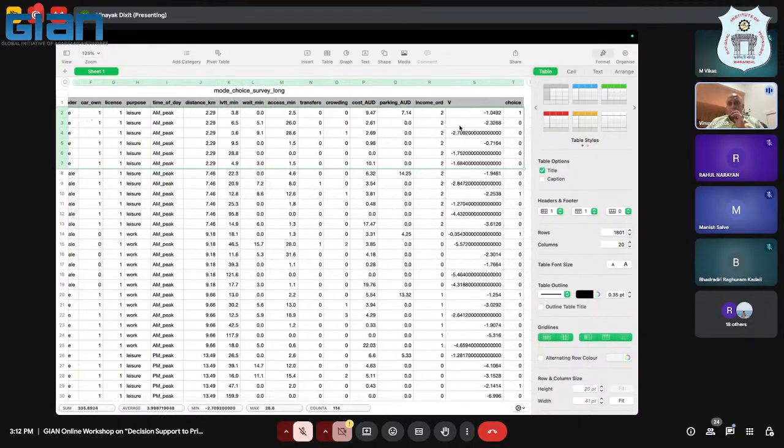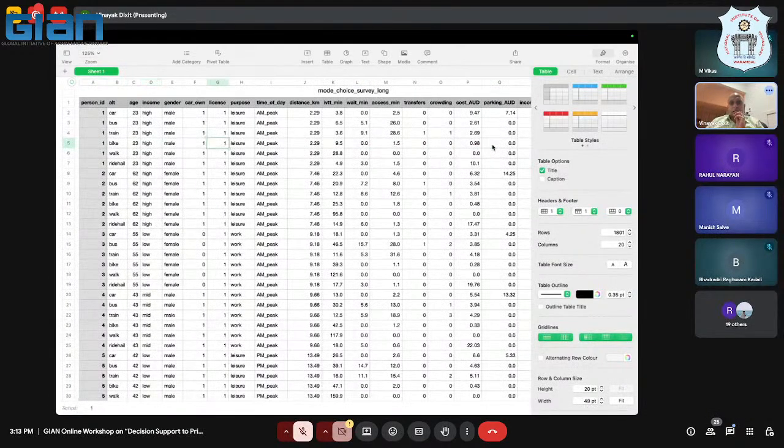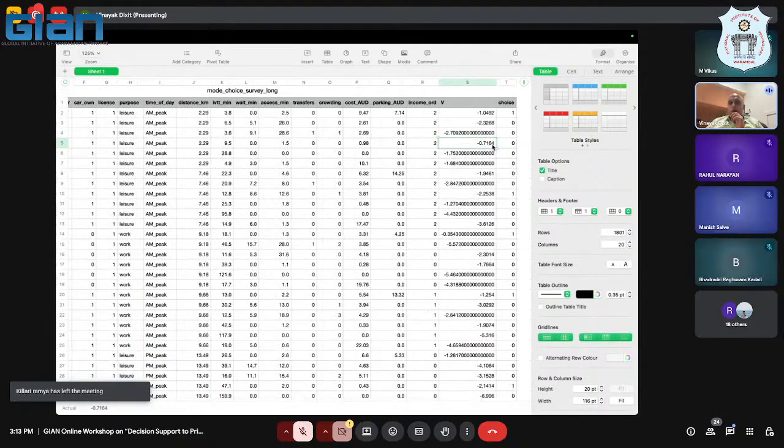For this person, they chose car. If you look at it, car has the highest utility. No, actually, this one has the highest utility, which is bike. But because it is a logit model, it puts a probability. So this one has gotten car.